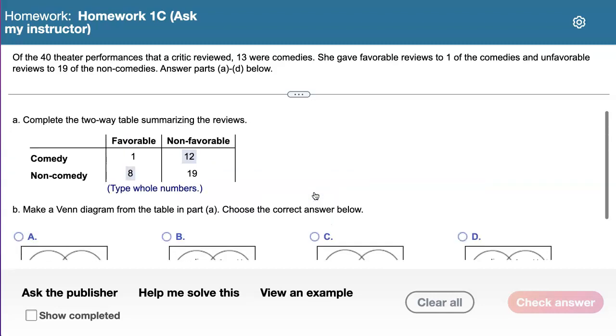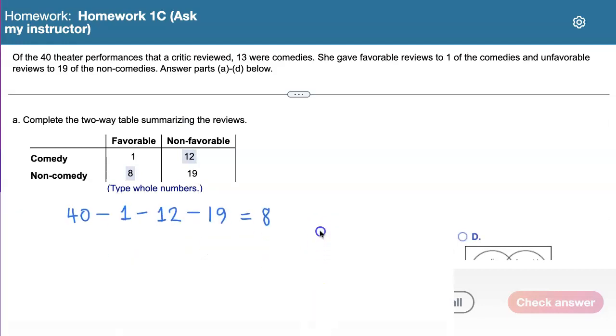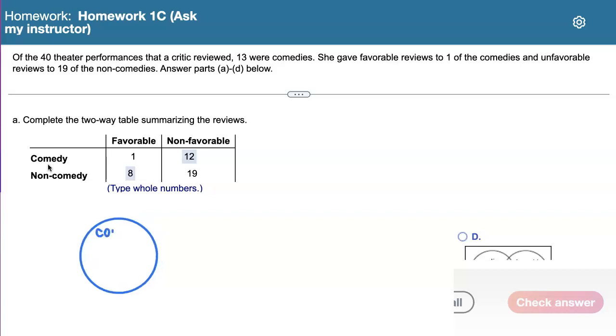So let's go ahead and make the Venn diagram using the column for the group comedy. So look, I'm going to draw a circle and call that comedy. I'm going to draw another circle, but intersecting, and I'll say if you are in this circle or set, then it must be a favorable movie.